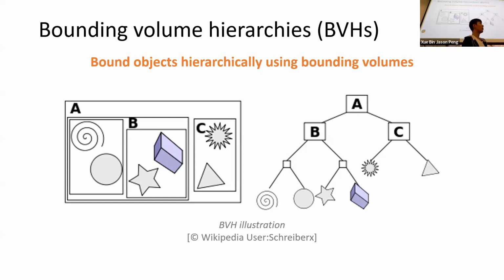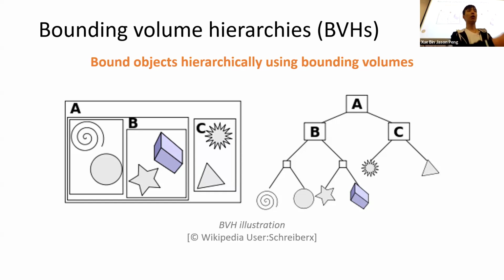For this large bounding volume A, we can split this bounding volume into 2 children bounding volumes, B and C. In this example, bounding volume B will end up containing the 4 objects on the left, and then bounding volume C will contain the remaining 2 objects on the right. And we can repeat this process recursively. So we can recursively split the number of objects inside a bounding volume into smaller and smaller groups, and then we can fit bounding volumes to each one of those groups.